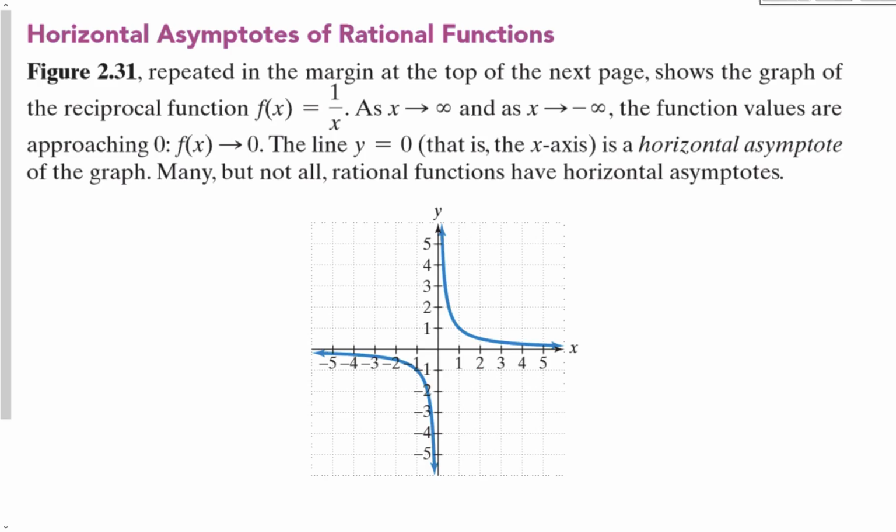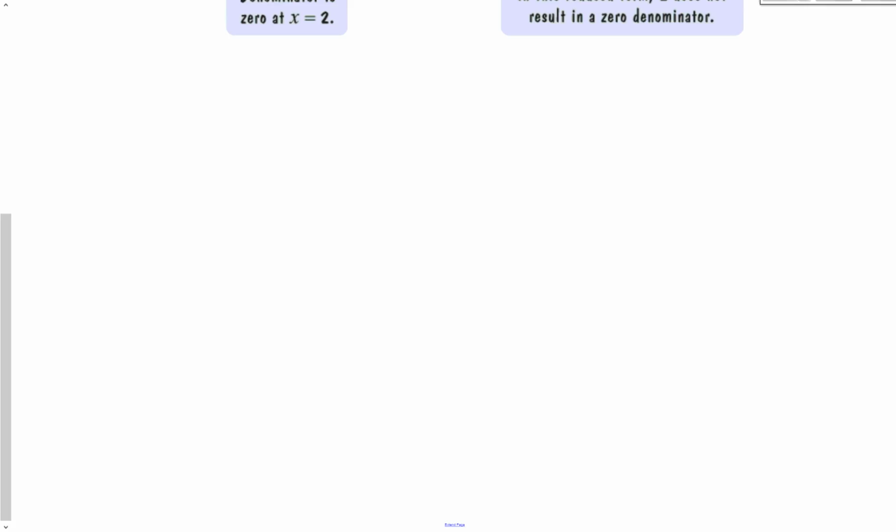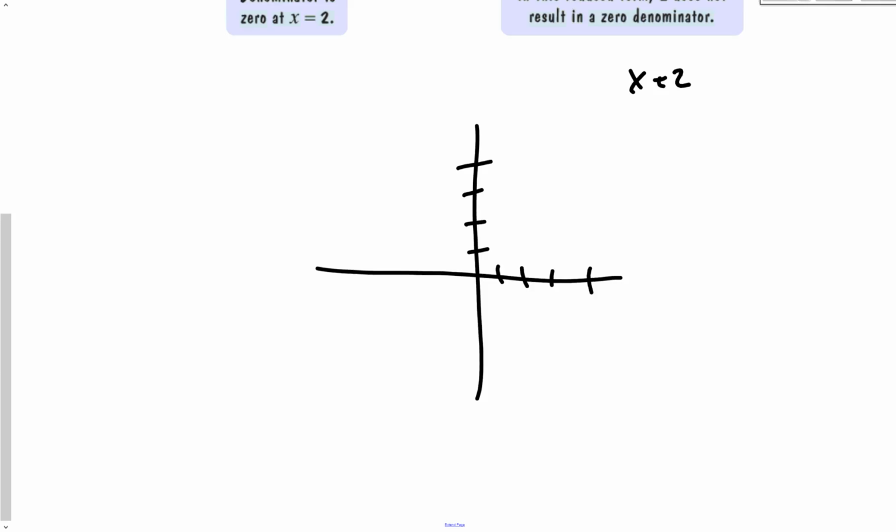It's just a line. So if I were to draw this, we have x plus 2, which means that the slope is 1 and the y-intercept is 2, so I know how to graph a function that looks like that.